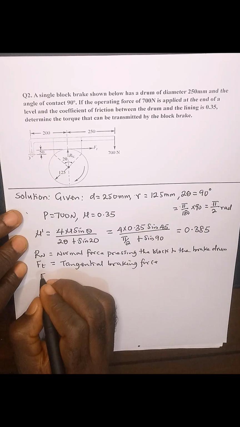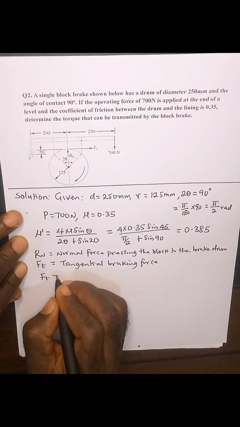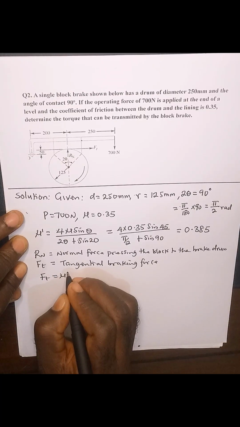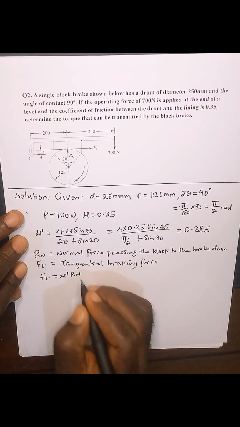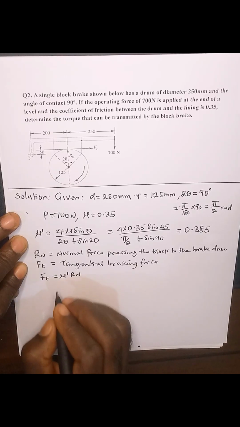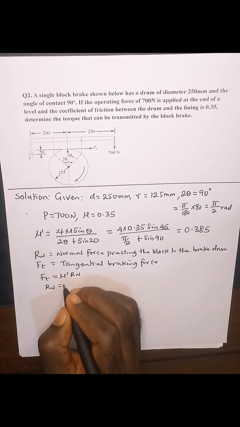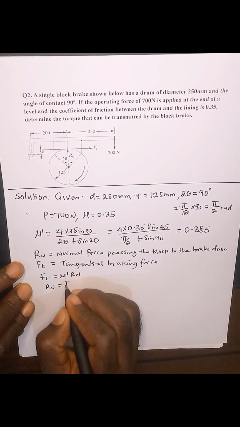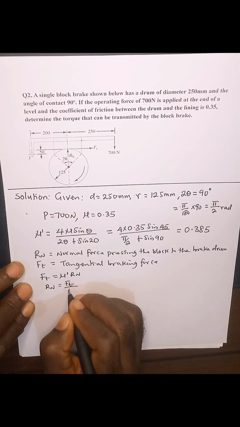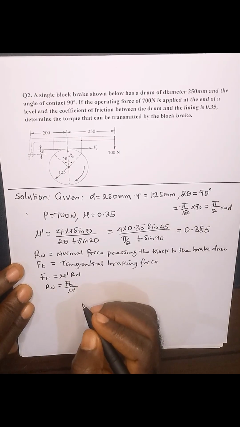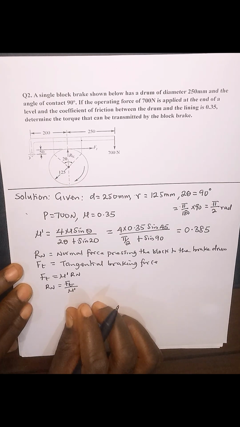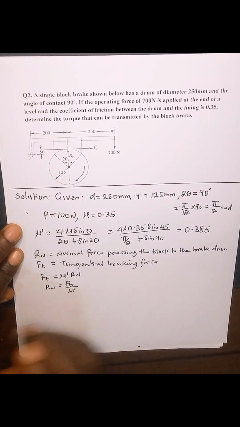Then we know that tangential braking force is equal to mu prime Rn. Then from here, we have Rn is equal to Ft over mu prime. Now let's keep this one. We will use it very soon.